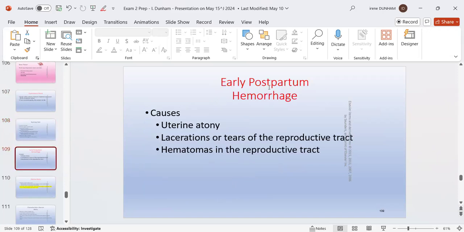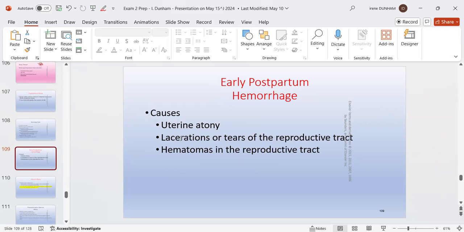The causes: early postpartum hemorrhage can be caused by the uterus not firming up. That's called uterine atony, and that's a uterus without tone. Okay, so that's never good. That's why you're going to do fundal massage. A laceration, remember we talked about that precipitous delivery? She gets a laceration or cervical tear.